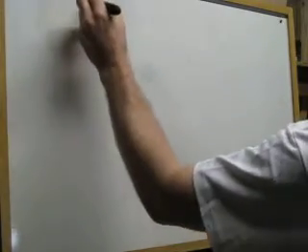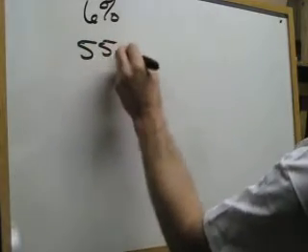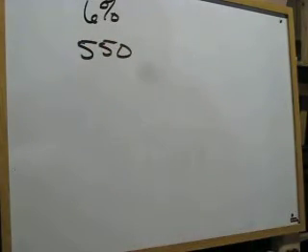So in example 1 on page 523, it says we've got a sales tax in Mississippi of 6%. The price of a refrigerator is $550. How much sales tax must be paid?